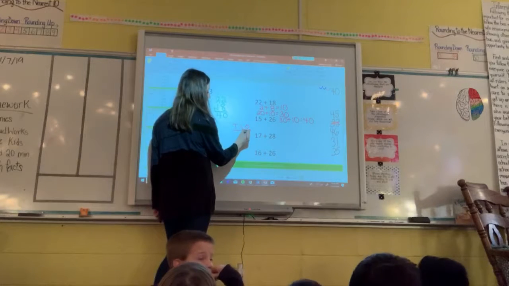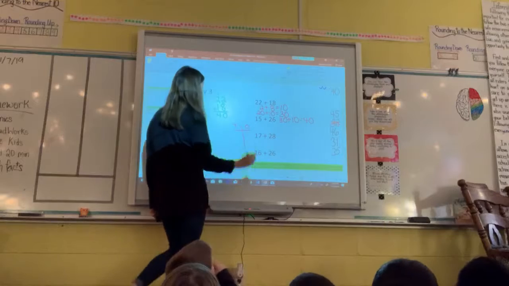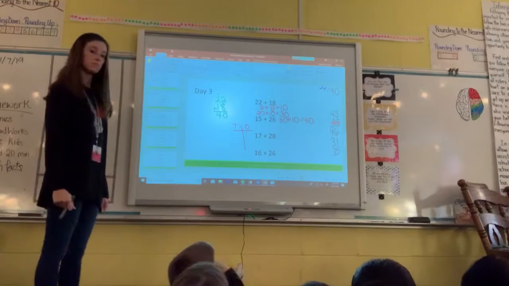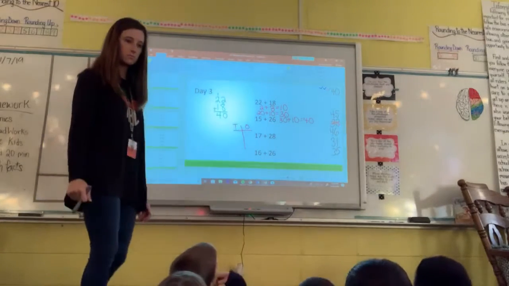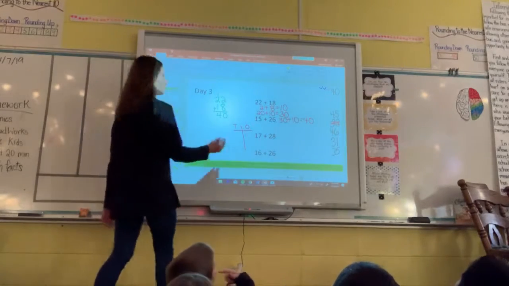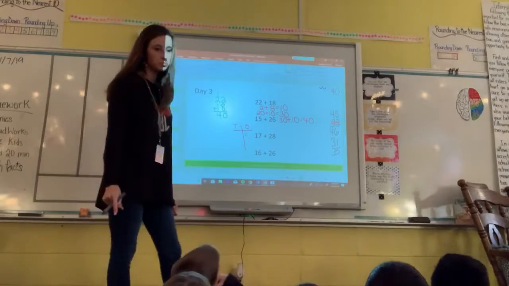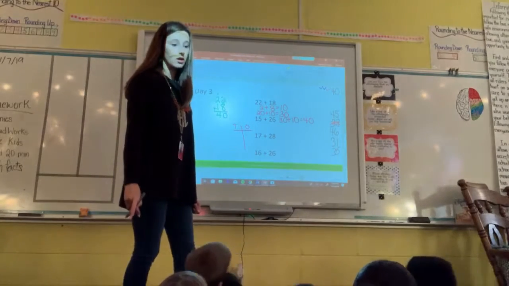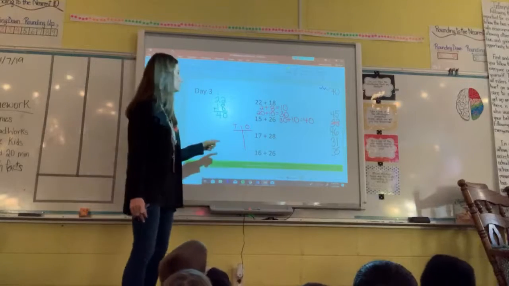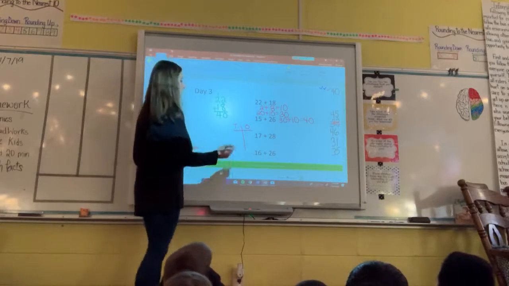Okay, where did you get the 8 from? I put 2 in the tens place. And how did you get that 2? From 28. Then at the bottom, I put 7 ones from 17.